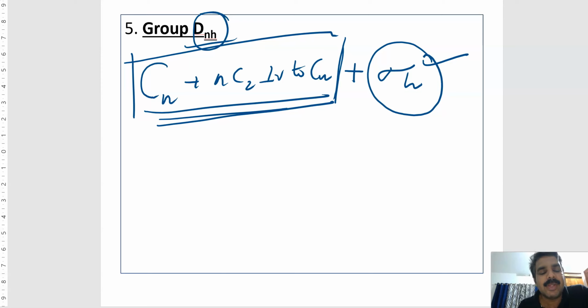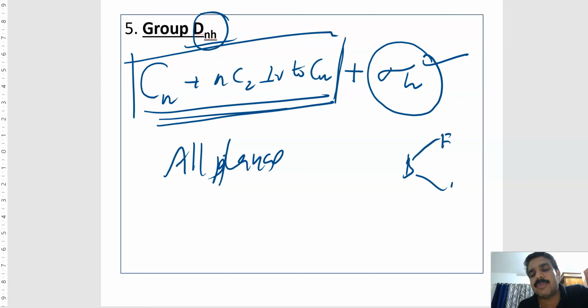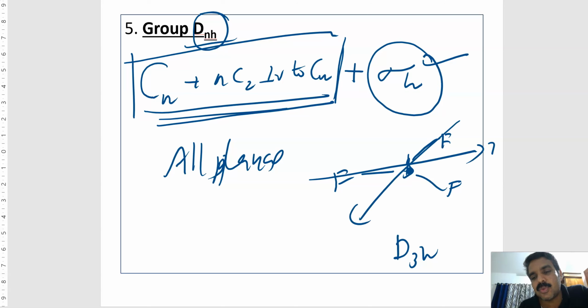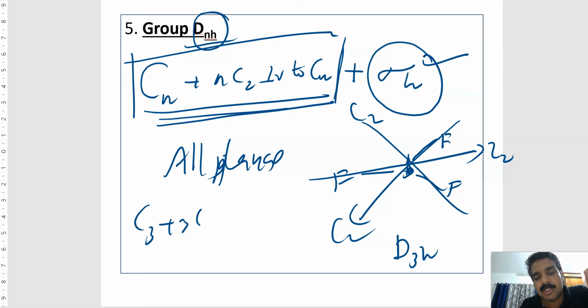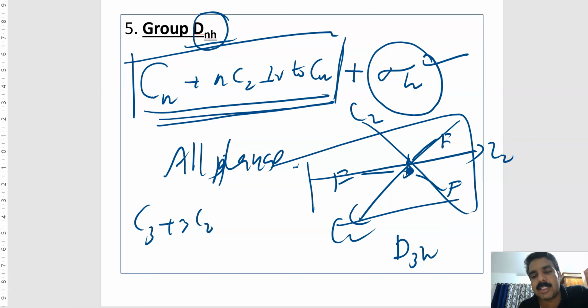It's a very common type of category. All planar molecules belong to this category. For example, BF3 is a trigonal planar molecule. This molecule belongs to D3h because there is a C3 axis here, and three C2 axes, one C2, another C2, and another C2. So there is a C3 plus 3 C2, and a sigma h, because this is a planar molecule.